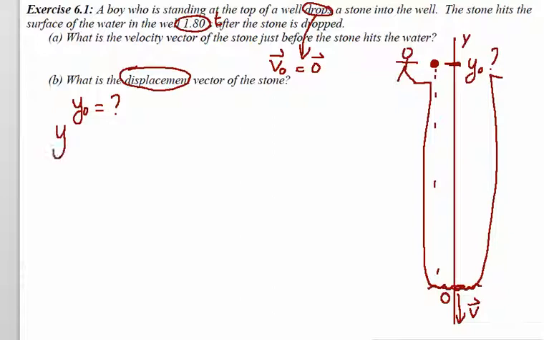I know that final position is initial position plus Vy initial times time plus half Ay times t squared.